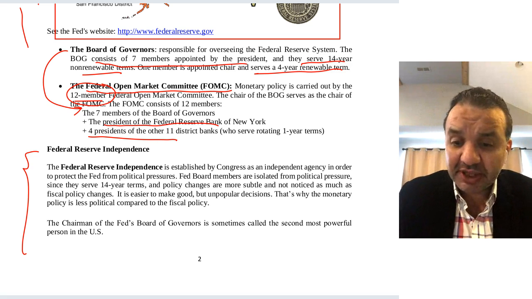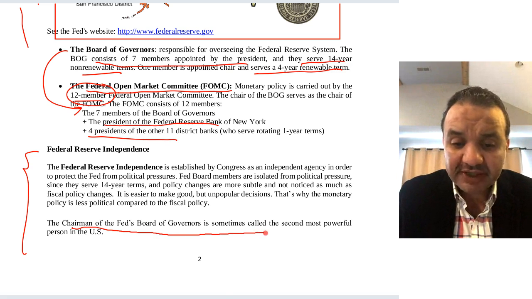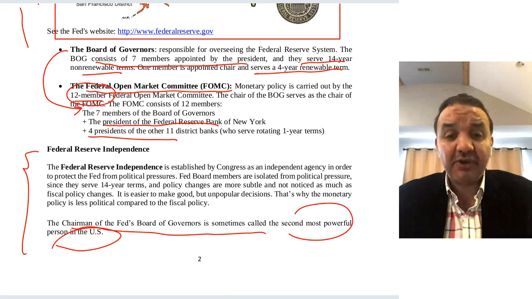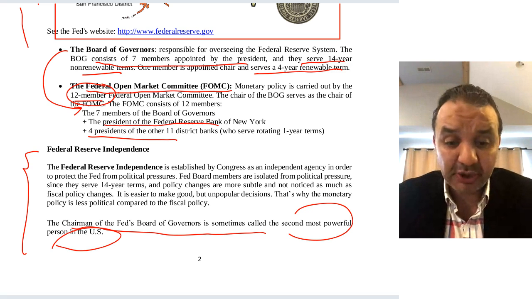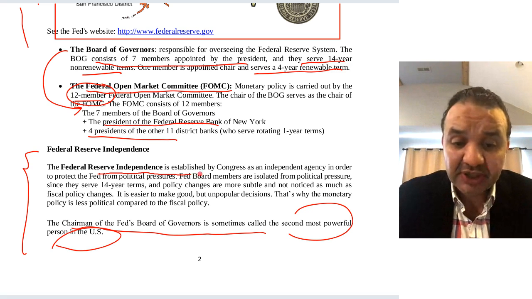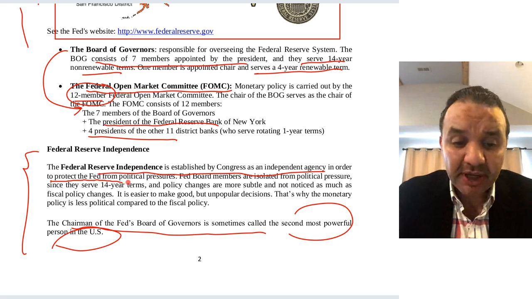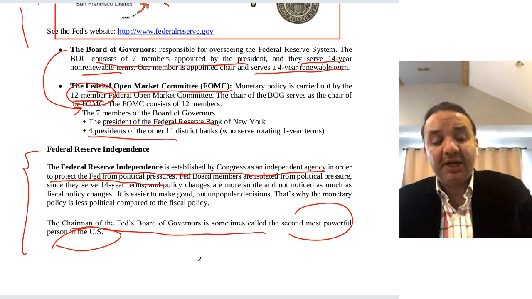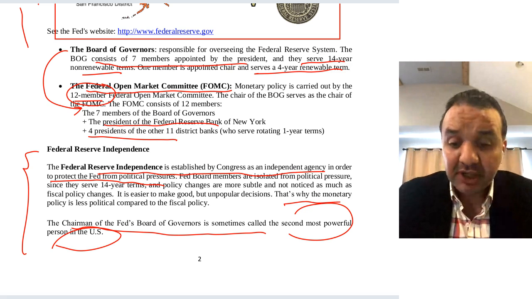Look at this sentence, this is interesting. The chairman of the Board of Governors is sometimes called the second most powerful person in the United States after the president, because he's not subject to any political pressures. The Federal Reserve independence is established by Congress as an independent agency to protect the Fed from any political pressures. And this is important.